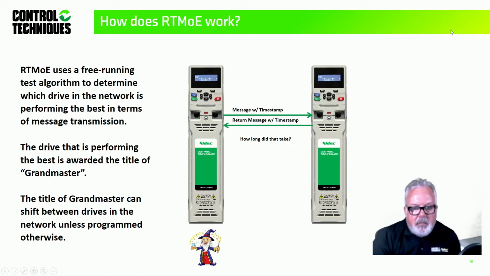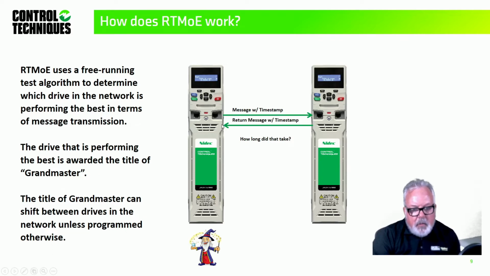So the moment this drive here, this is the subscriber, let's say, and that's the producer, the moment those two are connected and identified, this drive, I'll say is the producer, will send a message here to this drive with a timestamp. So this drive gets that message, includes a timestamp of its own when it was received, then it sends another return message back to the host.